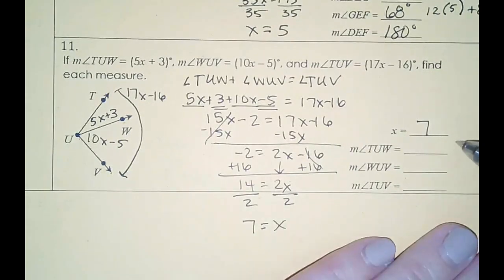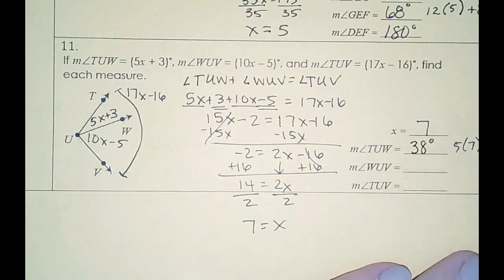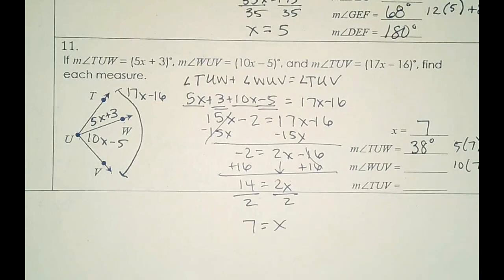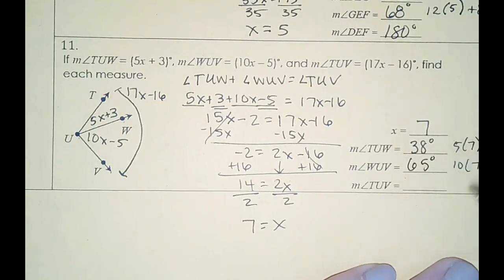Then the next one, WUV, so 10 times 7 minus 5. So 70 minus 5 is 65. Then I can find TUV by adding those together to get 103. Or I can say 17 times 7 minus 16. Should get me there as well.